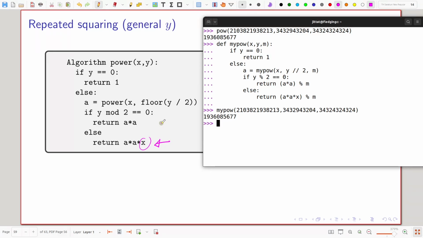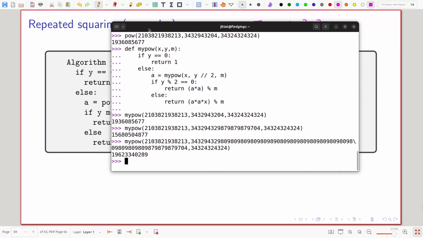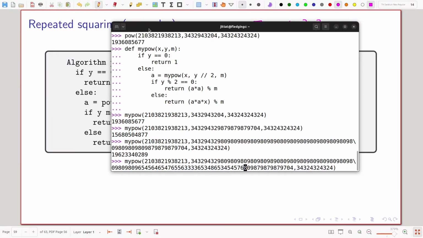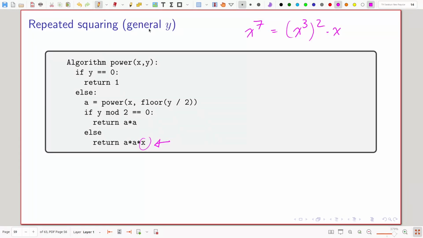So I can do this, and I can even do larger numbers than this, right? Okay, it runs really fast. Let's add a few more. So it's really fast. The fact that you make only log of y recursive calls is the running time, and a running time of log is really fast.